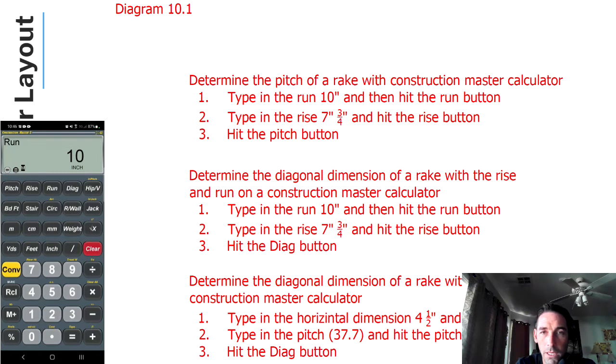Okay. Next thing I do is type in the rise, which is 7 3/4, and hit the rise button. So I hit 7 inch 3/4 and hit the rise button. Okay. And now hit pitch, which is the first button on that top row. That tells me my pitch is 37.78 of an inch. Okay, I'm going to write that down.